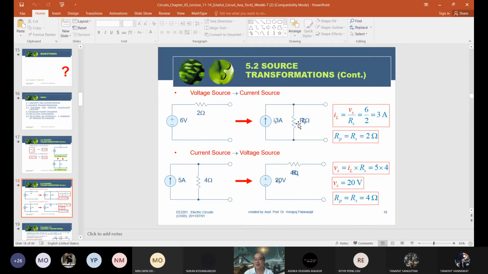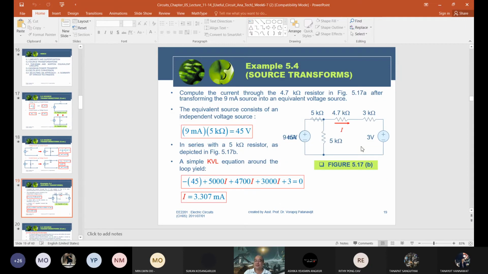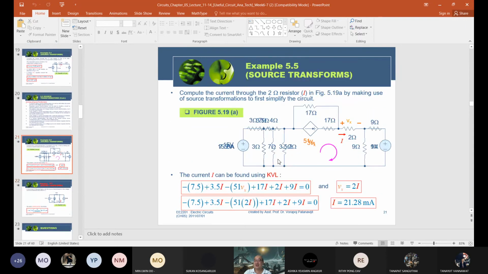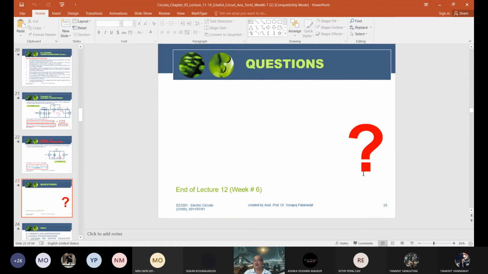The voltage and current of that transform can be computed by Ohm's law. You can see that we can use the source transform to simplify the circuit, reducing from 5 nodes to a single mesh.